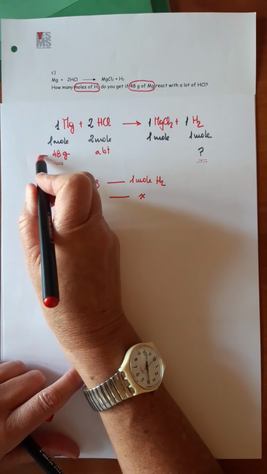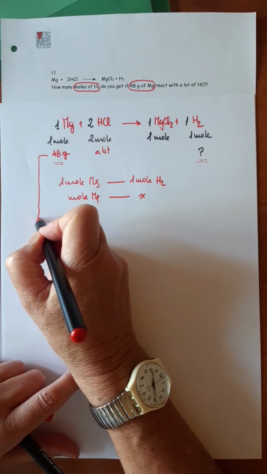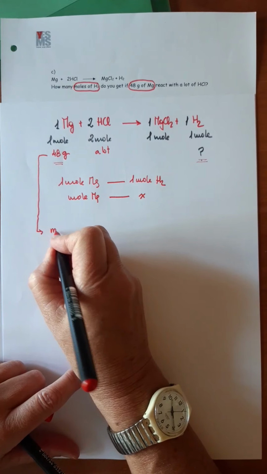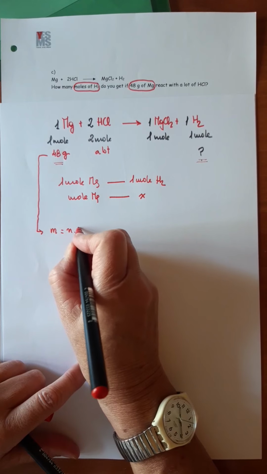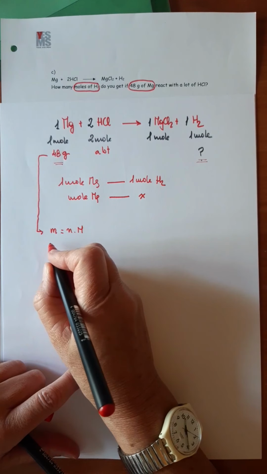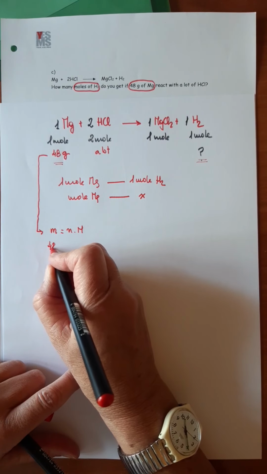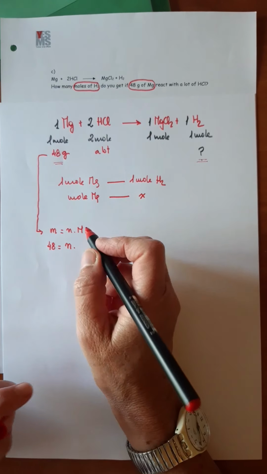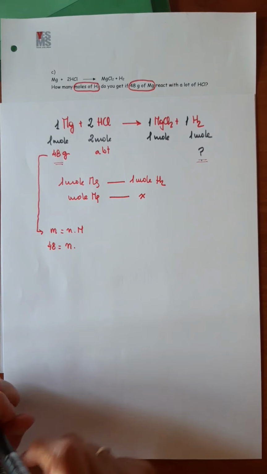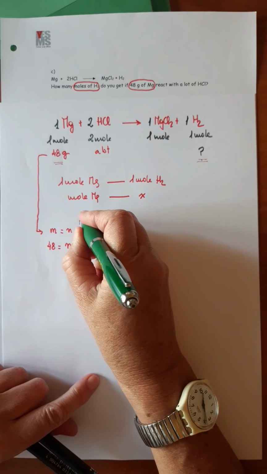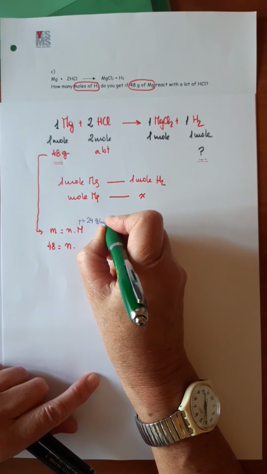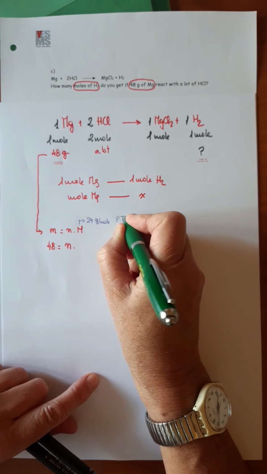So we have to calculate the moles in 48 grams, as m equals n times M. The mass is 48. The number of moles is what we want to know. And the molar mass of magnesium is 24 grams per mole, which we get from the periodic table. It's a data.